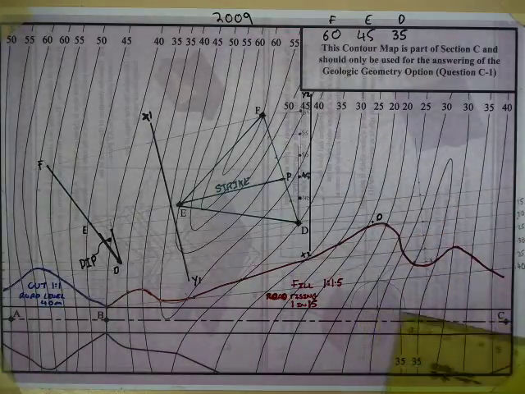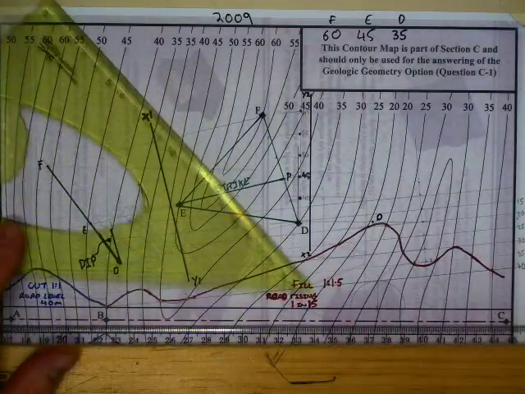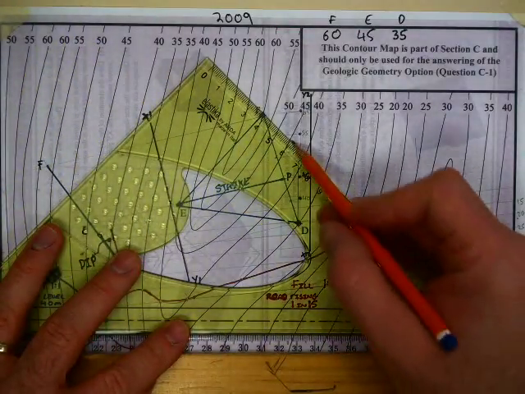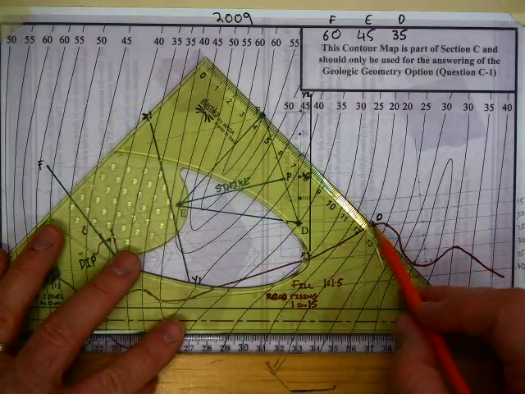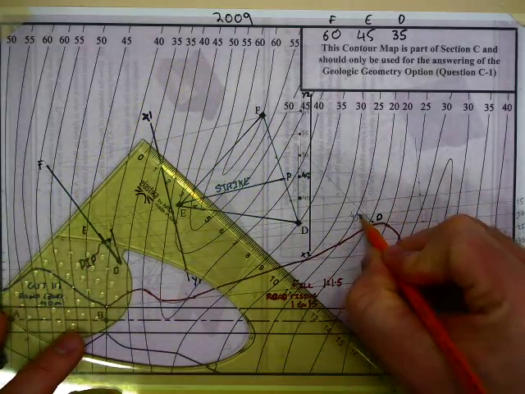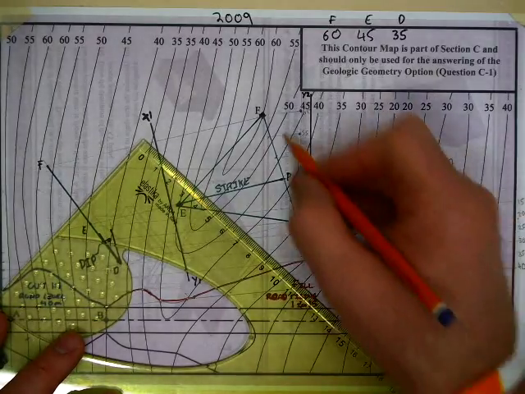Now, what angle were we told that actually makes with the horizontal? 45, right? So, basically, if I was to come down from D at 45 degrees, so this is 45 degrees in here, that's the angle that D makes.